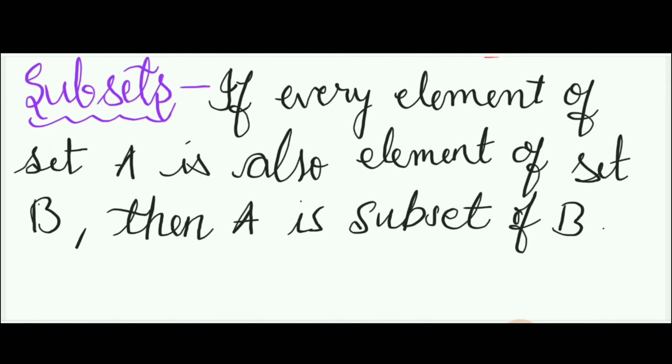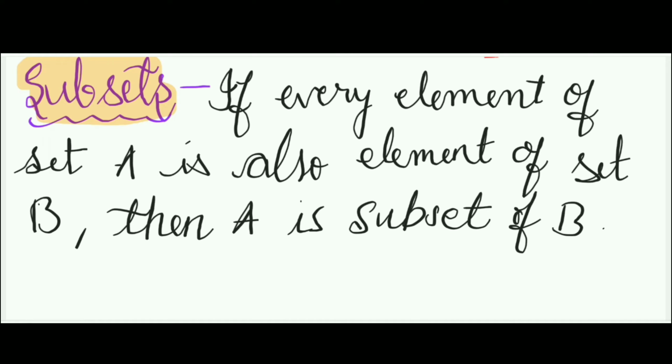Now we have to discuss one of the important topics, subsets. So what are subsets? At first we have to see this. If every element of set A is also an element of set B, then A is called a subset of B. Now, what did you understand from this?